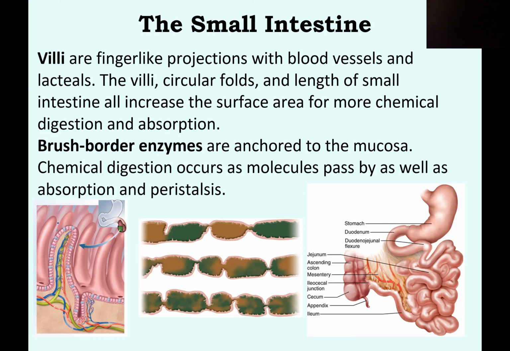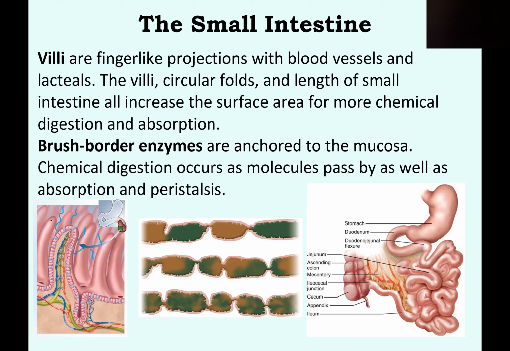So the enzymes kind of stick out here from the villi. And so as the liquid goes over the surface, then you have digestion because the lumen's smaller and it's a liquid that's passing through. It can effectively digest molecules as they pass by.